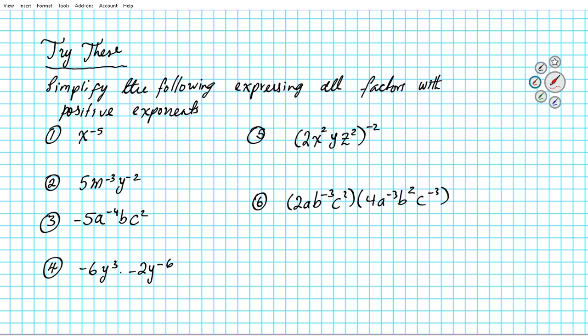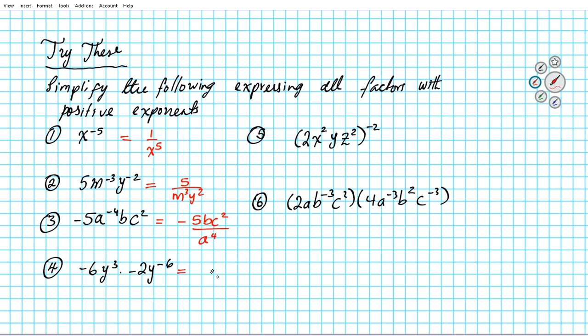For question number 1, the answer is 1 over x to the 5th power. For number 2, the answer is 5 over m to the 3rd y square. For number 3, the answer is negative 5 bc square divided by a to the 4th.